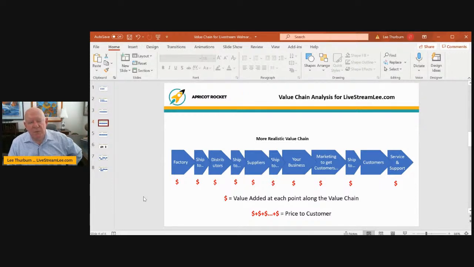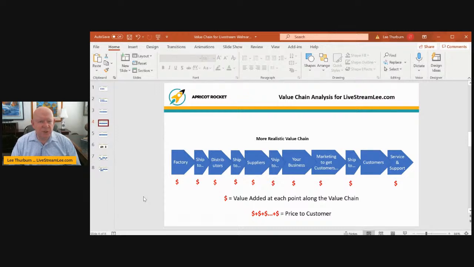So depending again on what it is that you sell and what value you add, you can have a very complex value chain. And then on the forward side, you also have the elements of, again, marketing. And if you're involved in shipping, you may have some shipping costs that you incur.